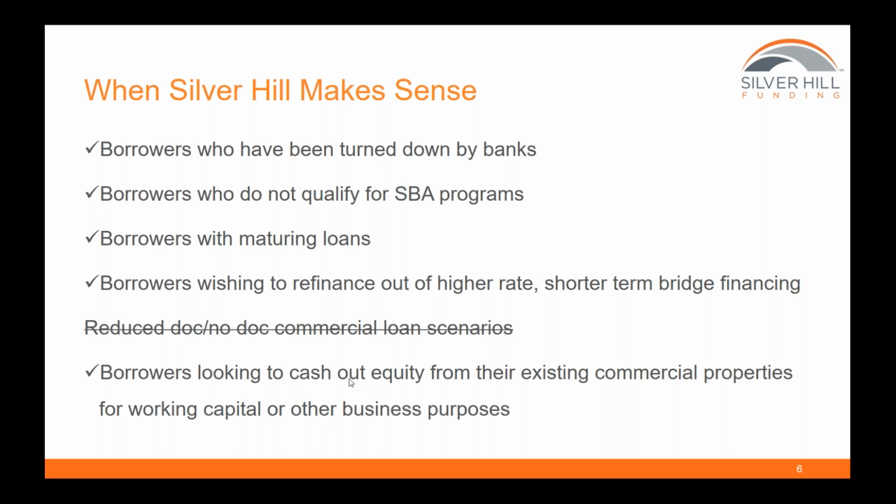They're funding projects, they need working capital, and so getting a rate in the 6s versus getting a quick loan paying 25% interest is a big difference to cash flow. So that's another one. I would say borrowers with maturing loans, wanting to get out of high interest rates or bridge loans, and wanting to cash out money is our sweet spot. Okay, and that's when it makes sense to go to Silver Hill.